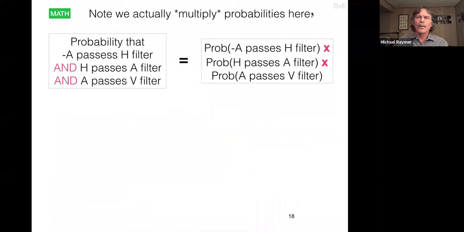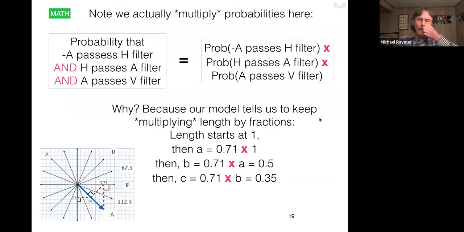And here's a more mathematical slide, just laying that out. The X here means times, means multiply. This just repeats what I said on the previous slide.